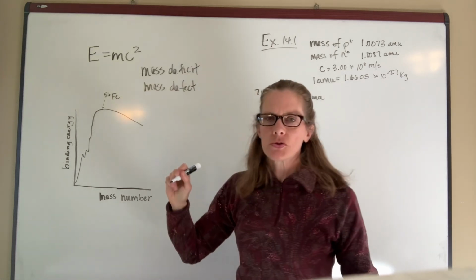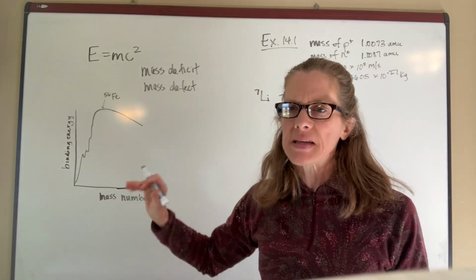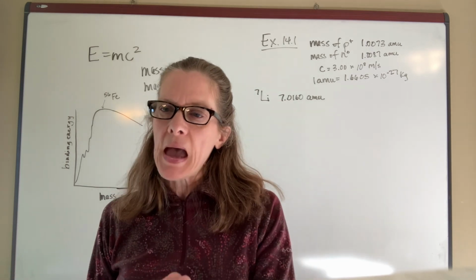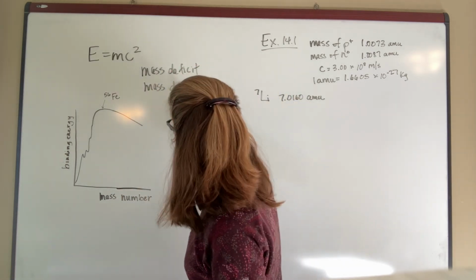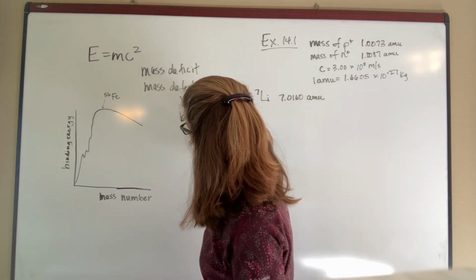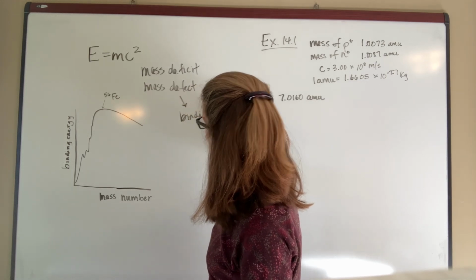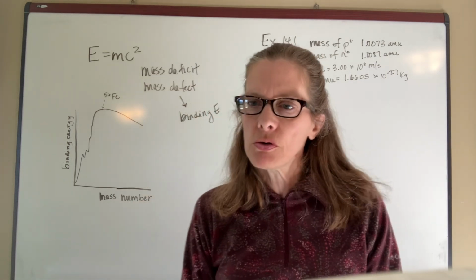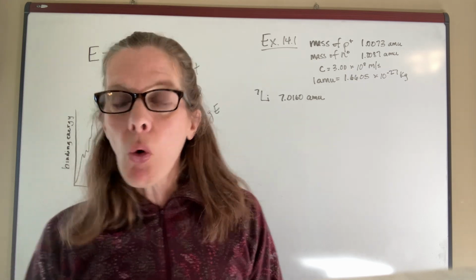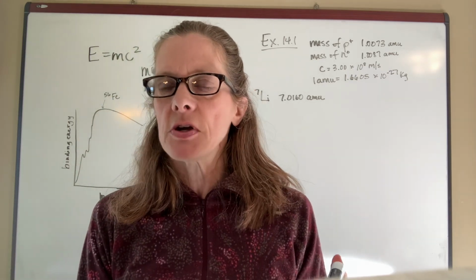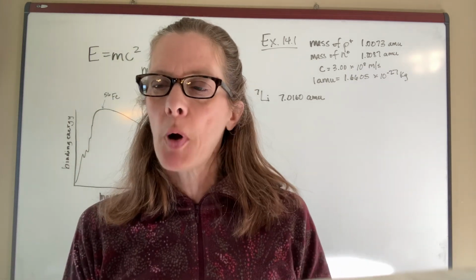Okay, so both of those are 2 terms that mean exactly the same thing. That mass is then converted into the binding energy. And the binding energy is the amount of energy that holds the nucleons together. Or you could also think of it as the amount of energy that would be required to pull them apart.